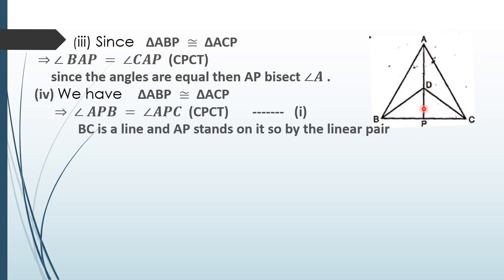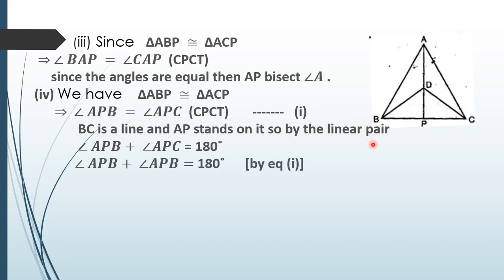Now, we observe this figure, BC is a line and AP stands on it. So, by the linear pair, we can write angle APB plus angle APC is equal to 180 degrees, as they are a linear pair. So, the sum of the two angles is equal to 180 degrees. But as we have written earlier, angle APB is equal to angle APC.